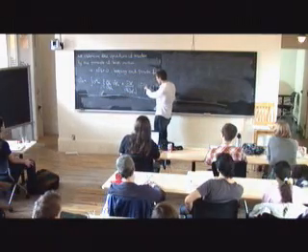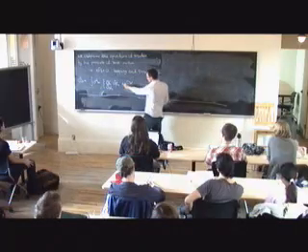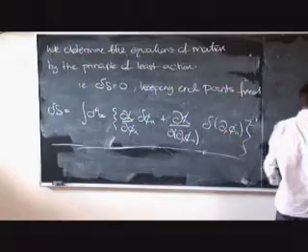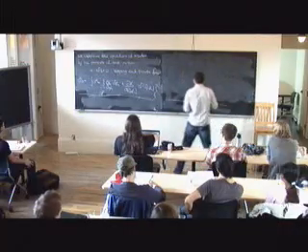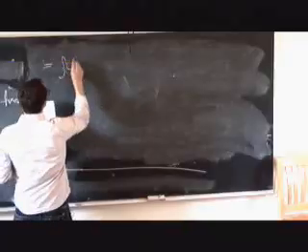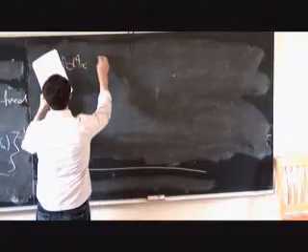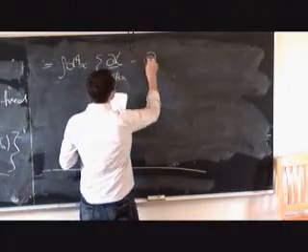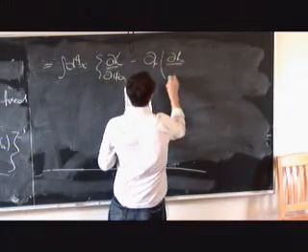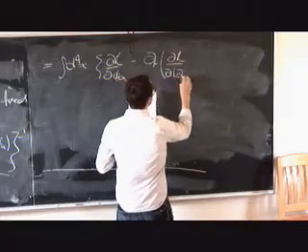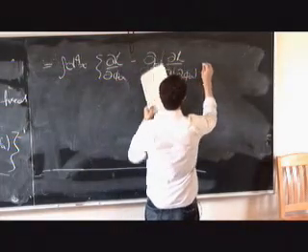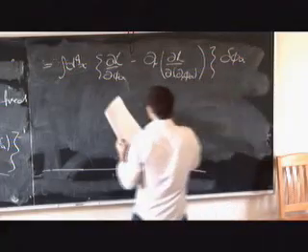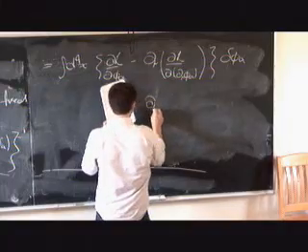You move this derivative over to here, but notice now it's a time and a space derivative, not just a time derivative. And then you pick up the boundary term for your troubles.